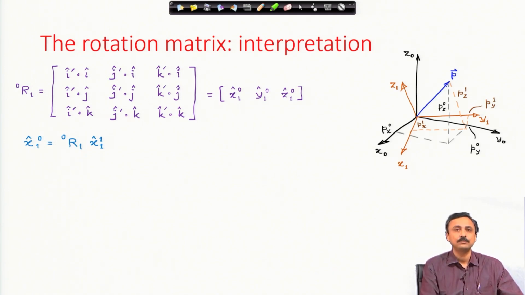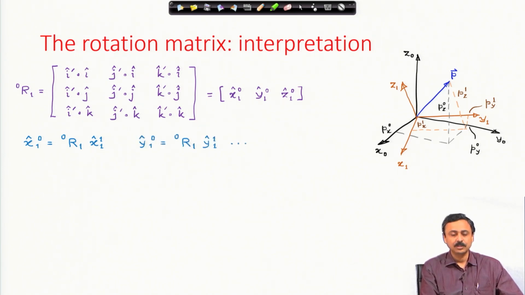Therefore, the first column represents x1 in frame 0, because the representation of x1 in frame 1 is the unit vector 1 0 0. Similarly, y1 in frame 0 is found by transforming y1 in frame 1 using R10, and y1 in frame 1 is 0 1 0. Therefore, this multiplication only filters out the second column.